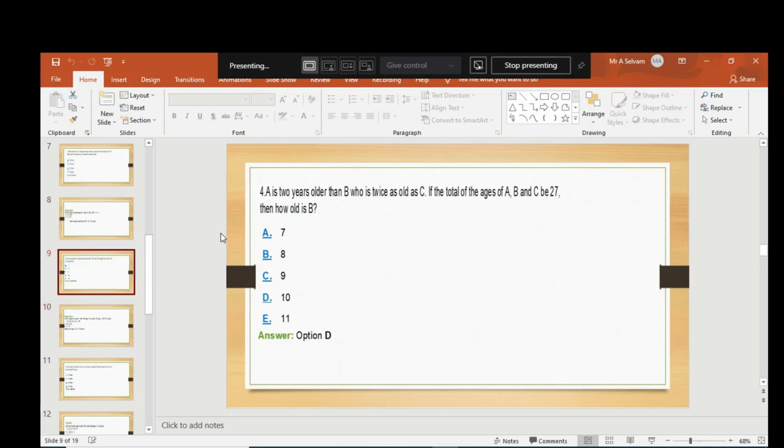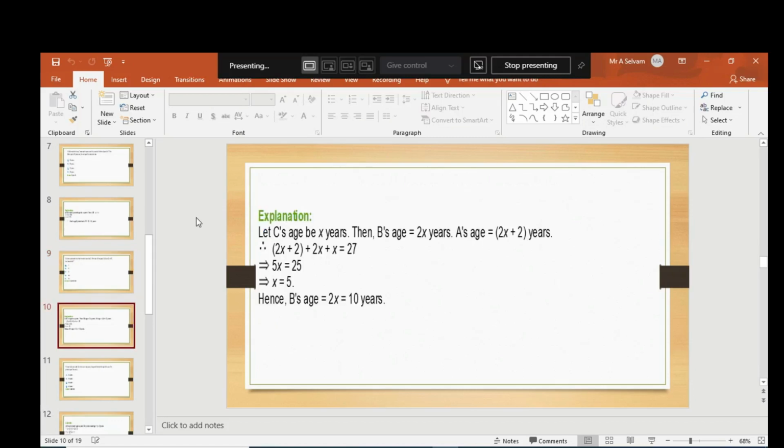Next, A's age. A is 2 years older than B, right? Look at that part, 2 years older. So 2x plus 2. Now we can go for the problem.